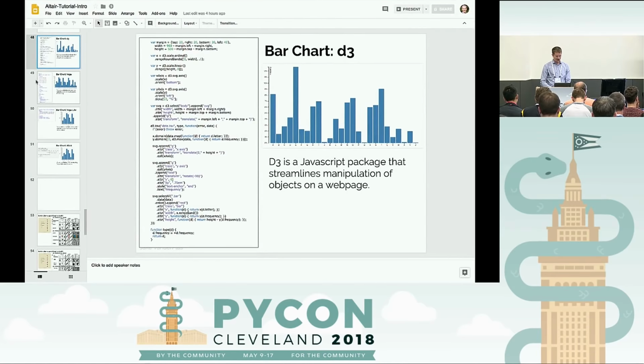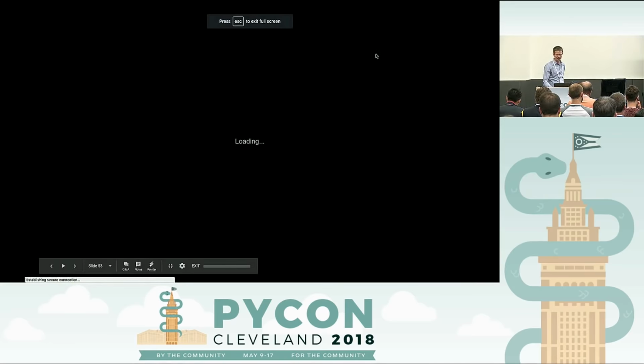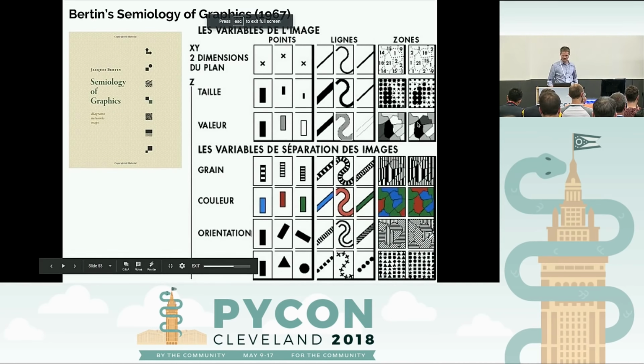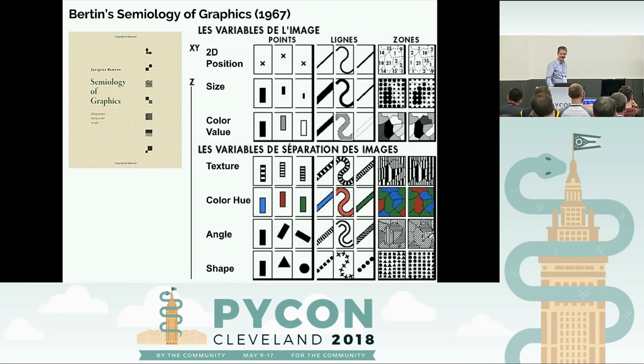Now, if I click back over here, I'll put all this online later. But this is the publication that I was referring to in 1967, Bertin's Semiology of Graphics, which is written in French, so I think there are English translations out there. But basically he started thinking about how you encode data on a page, because they didn't really have screens. Well, it had some screens, but how you encode data in 2D.